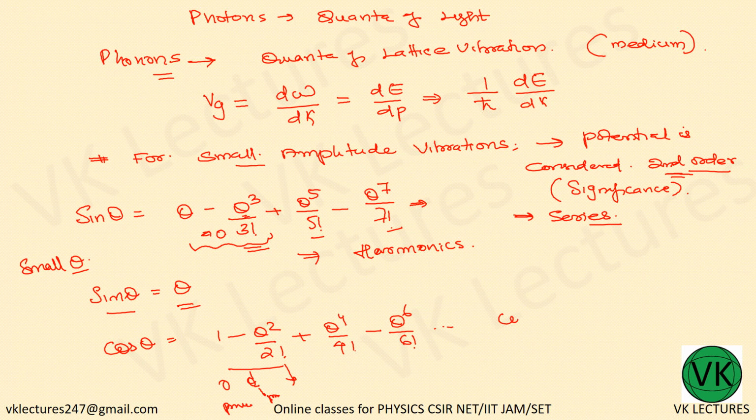So we will write cos theta as approximately equal to 1 minus theta square divided by 2 factorial. Whenever we are talking about small amplitude, you can refer to sin theta as theta and cos theta as 1 minus theta square by 2 factorial.